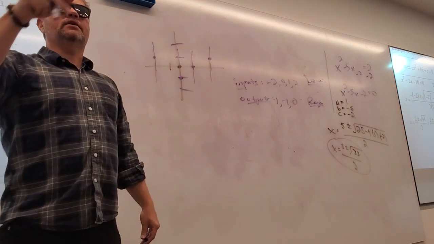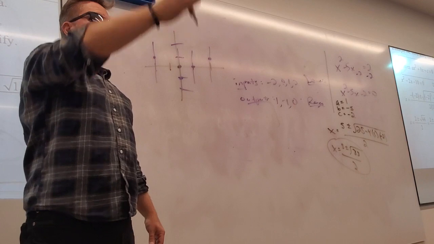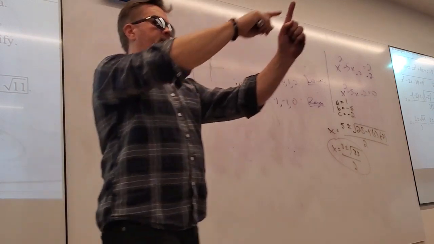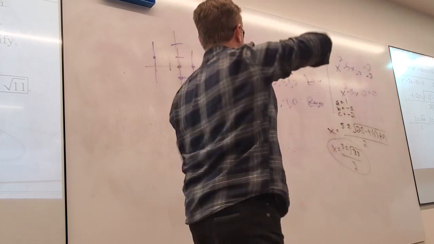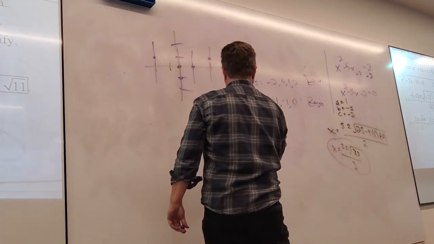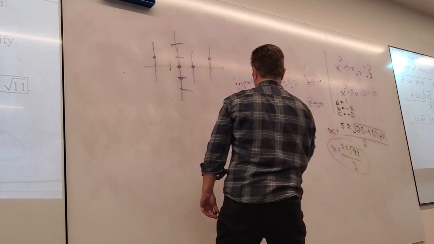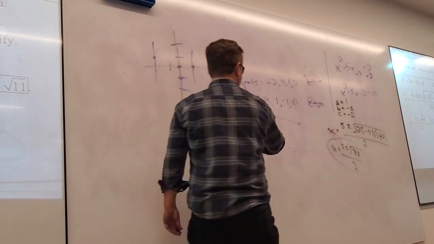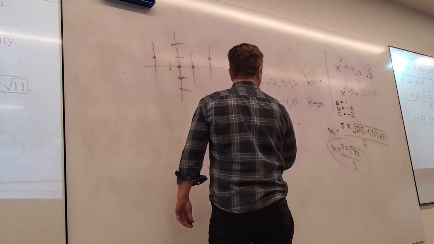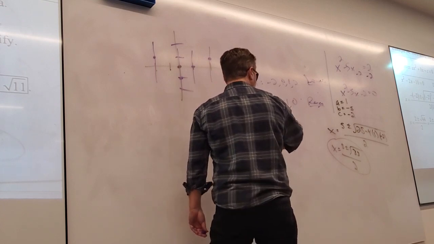Vertical line test: if you draw every vertical line and it only goes through once, that means that x value only has 1 output. So if I give you a picture like this, is this a function? No. Why? Because, for example, this x has 3 outputs, yes?